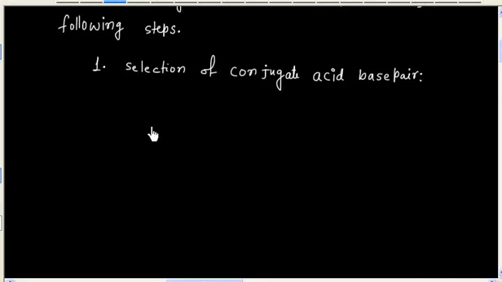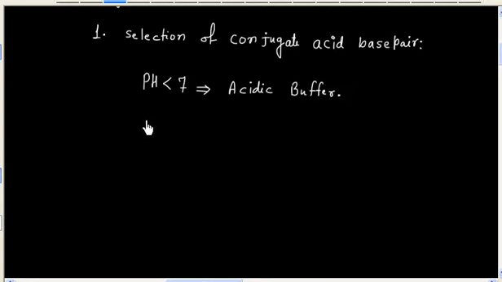For example, let us say I need a buffer that has pH less than 7. That is an acidic buffer. So in this case, we will need weak acid and salt of weak acid.